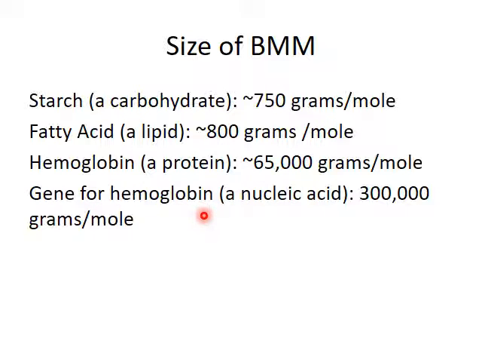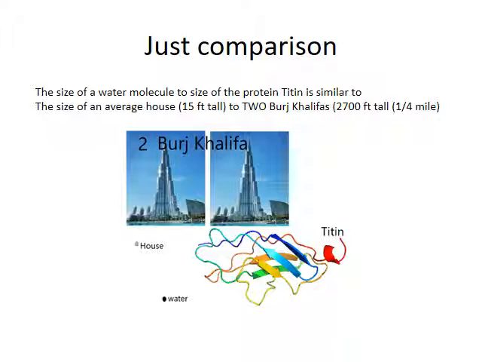And finally, the size of the gene that will code for hemoglobin. This is DNA. The DNA that will help make hemoglobin is 300,000 grams per mole, which is about 17,000 water molecules. So if you think about it, these molecules are huge. Now, the biggest biological molecule, the biggest protein in the world, is something called titin.